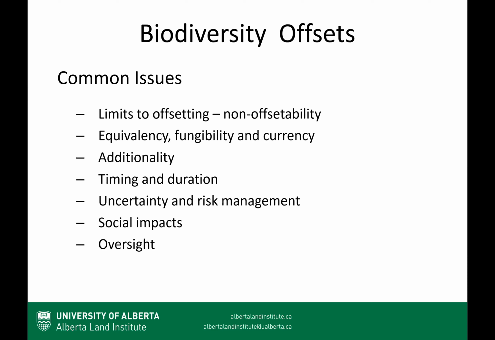First is that there is a limit to this concept. It's generally recognized that offsetting can be quite risky and that it may not be applicable to those natural resources or species or ecosystems that are particularly rare or vulnerable or irreplaceable.